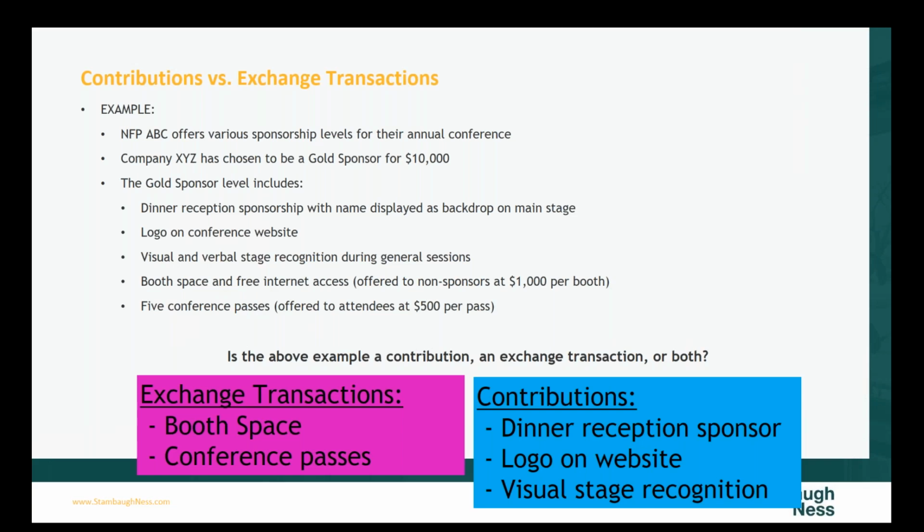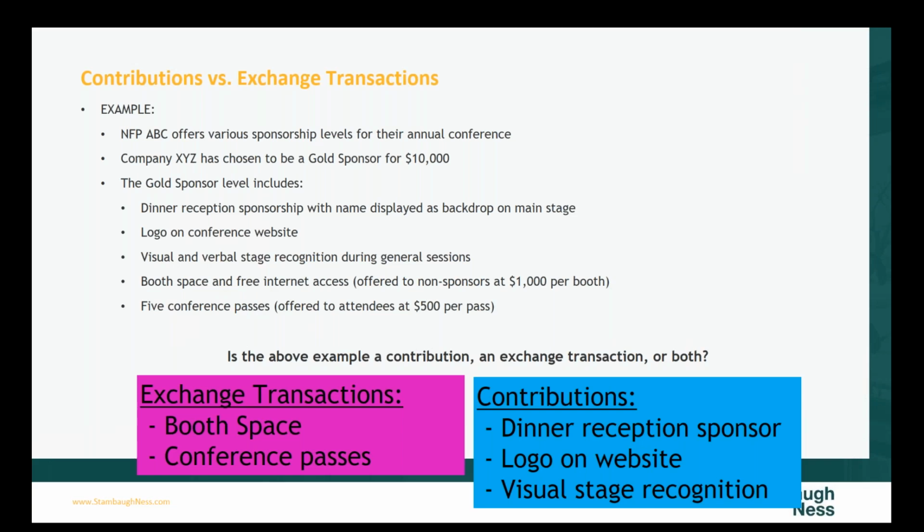As far as contributions go, the dinner reception sponsorship, the logo on the website, and the visual or even verbal stage recognition are essentially incidental. In this scenario, it's not a significant value being received for being that sponsor.